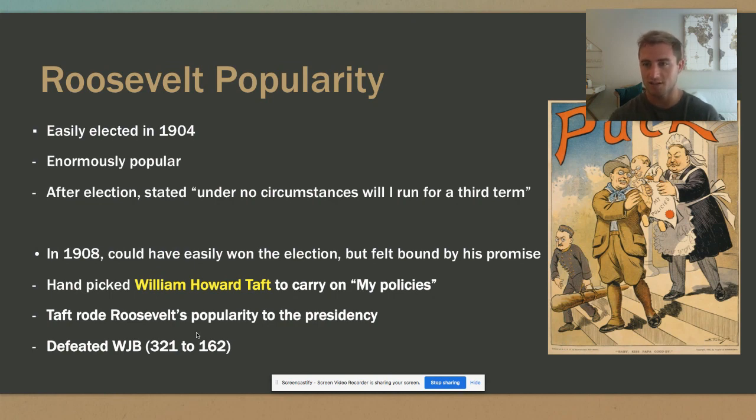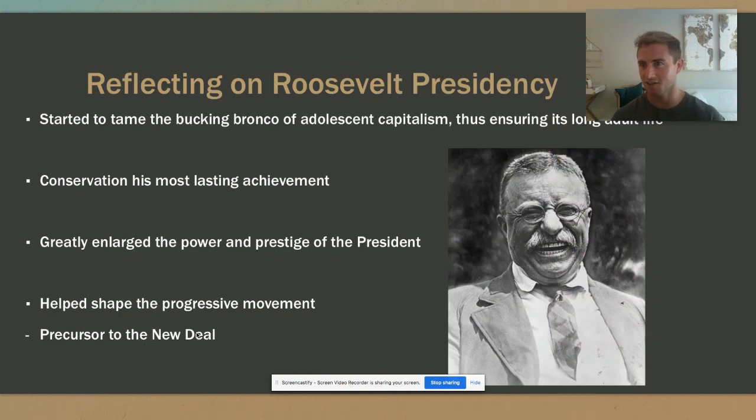And so because of this, when his second term runs out, he felt bound by his promise. And so he picks William Howard Taft, also of the Republican Party, to come in and carry on his policies. So Taft becomes our next president. And when this happens, we now see a split in the Republican Party because Taft is going to do some things that Teddy doesn't like.